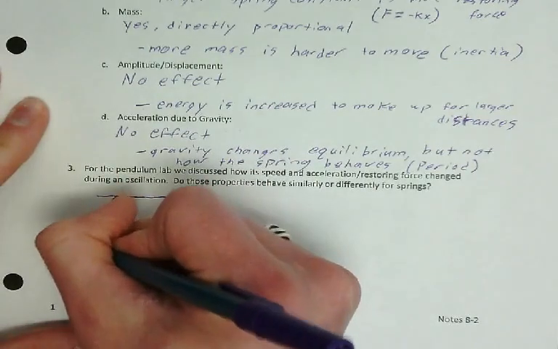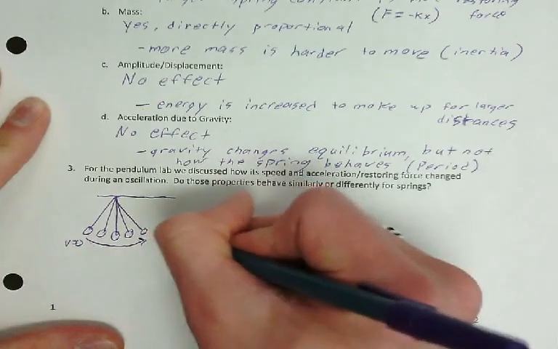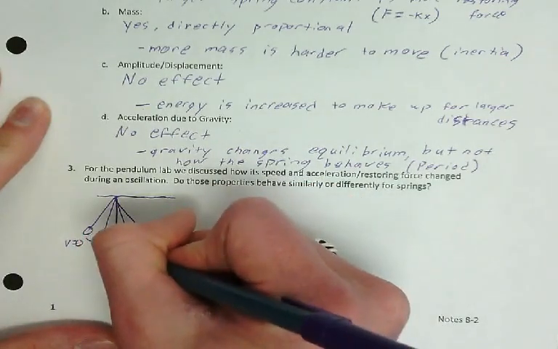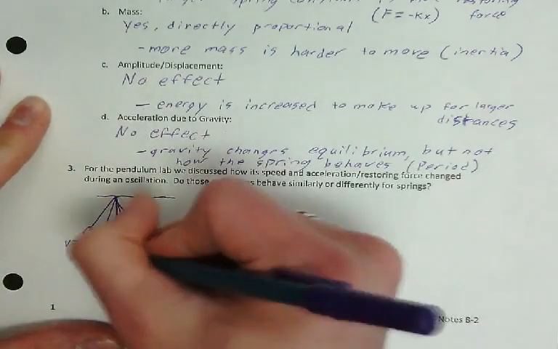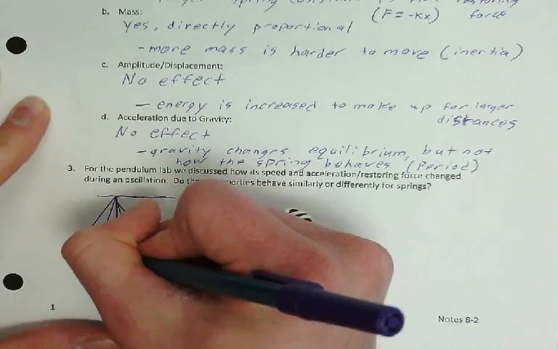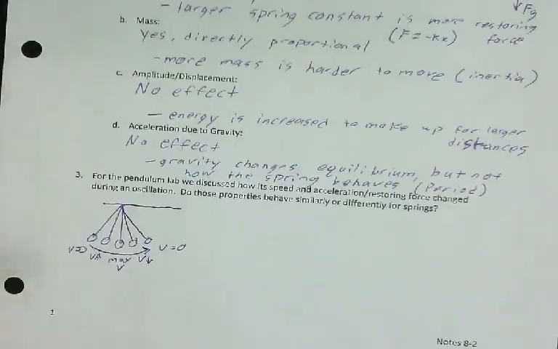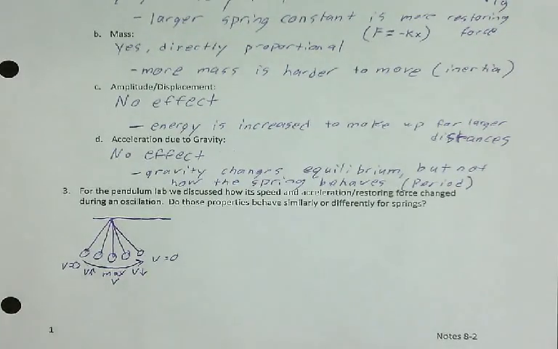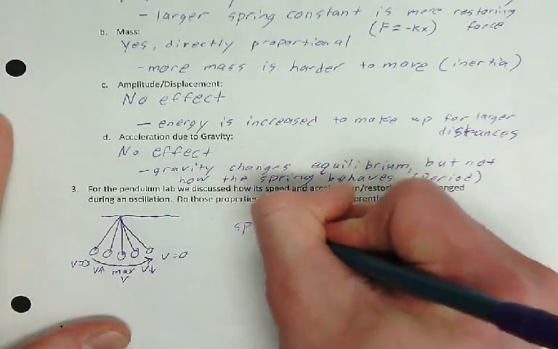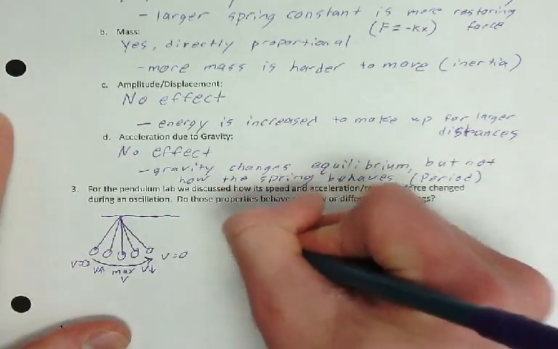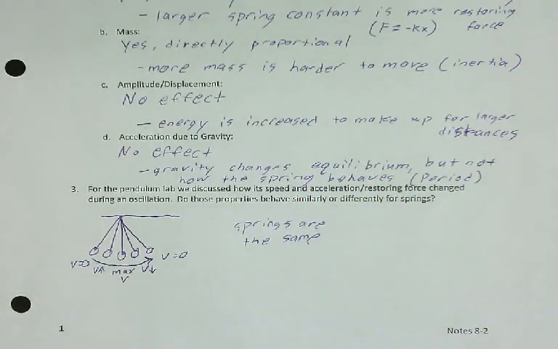We said that the velocity was 0 at the amplitude points. We said the velocity was max at the equilibrium. As it went towards equilibrium, the velocity goes up, and as it goes away from equilibrium, the velocity goes down. Turns out springs behave exactly the same way.